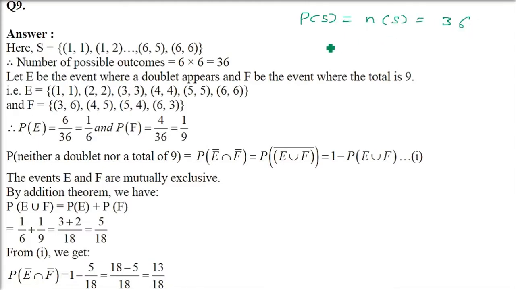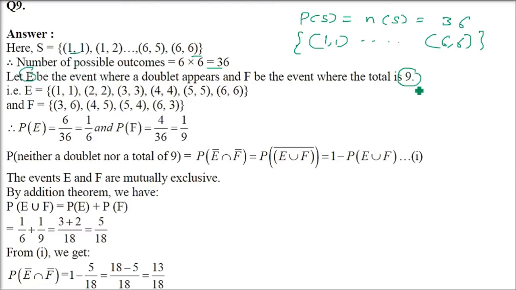The sample space contains 36 elements, 6 times 6. How many doublets are there? 6. How many cases give a total of 9?